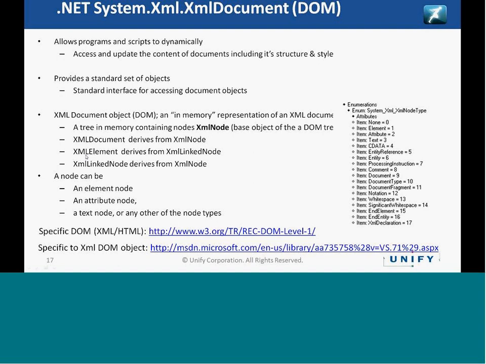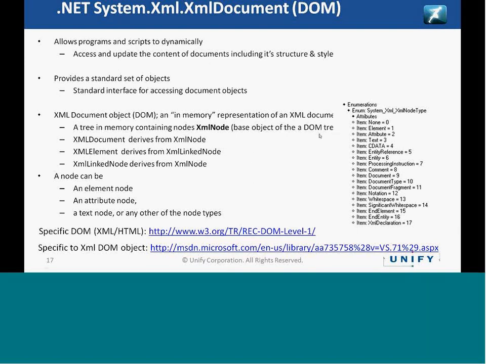XML document, because we're going to talk about .NET here, the DOM object is, as soon as you load the document, loaded in memory, and it's a representation of an XML document as a tree in memory containing XML nodes. You remember that I introduced node, where we were talking about element, which is the base object of the DOM tree.